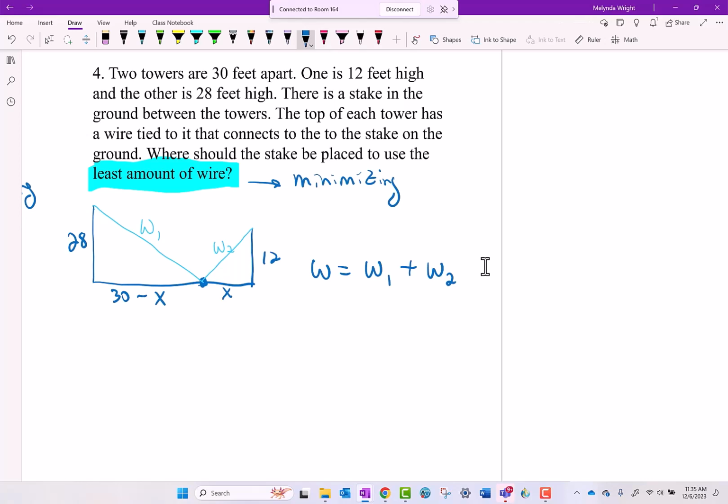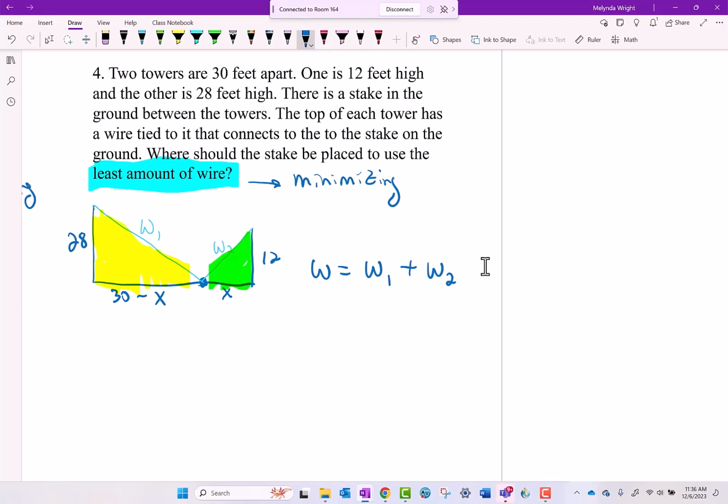So now what we need to do is come up with a way to express wire 1 and wire 2. I'd like for you to consider what this is right here, and we're going to treat them separately. These are two different ones. How could I write some kind of expression for wire 1? What formula could I use? Pythagorean theorem, absolutely.